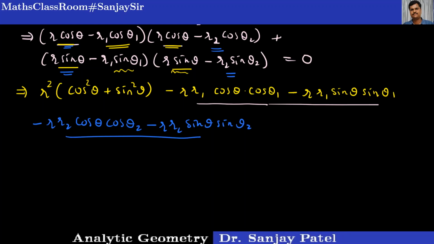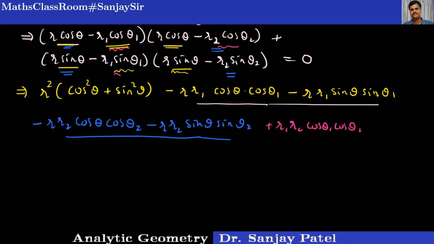What remains is actually the terms containing r1 into r2. So what are the terms containing r1 into r2? So let me write those terms. This is r1 and this is r2. If you multiply these two, you will get plus r1 r2 cos theta 1 into cos theta 2. And what else?